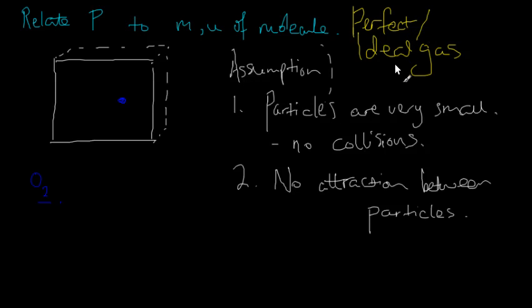Now, I'm not exactly sure in what sense a gas is ideal or perfect in the everyday sense. As far as I can see, it is ideal or perfect in the sense that it is perfectly simple or ideally easy to do calculations and to think about it. That's all.